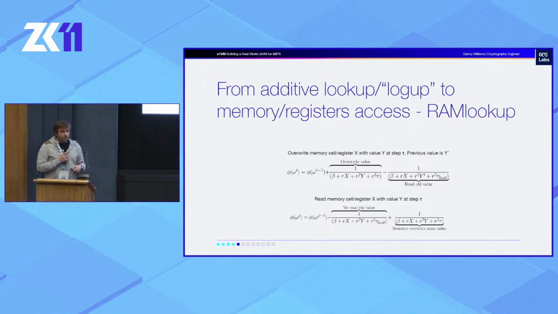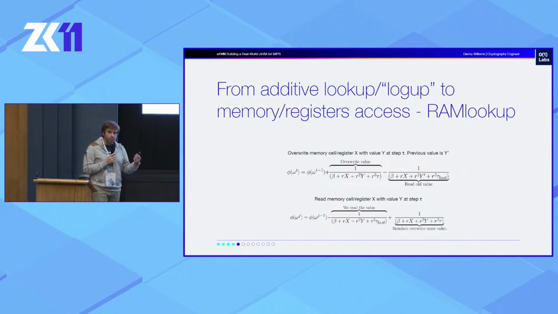So let's describe how we perform memory access. If you check at the lookup or additive lookup equations, you can see that it's an additive accumulation scheme, and you can see that the value that you look up, the value f very often in the paper, can be seen as a value that you add into an accumulator, and the table T that you look into can be seen as a value that you decrease from an accumulator.